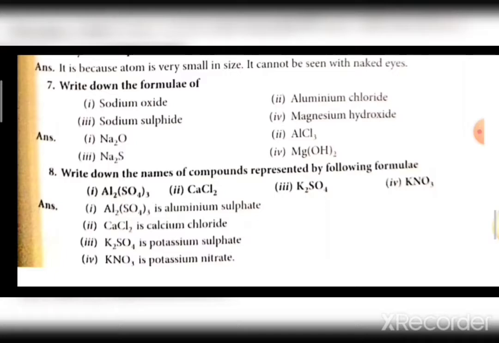Magnesium hydroxide. Mg valency is +2. OH is hydroxide ion having valency -1. So we will just do the crisscross technique and it will be Mg(OH)2. Here we have to draw the bracket also.